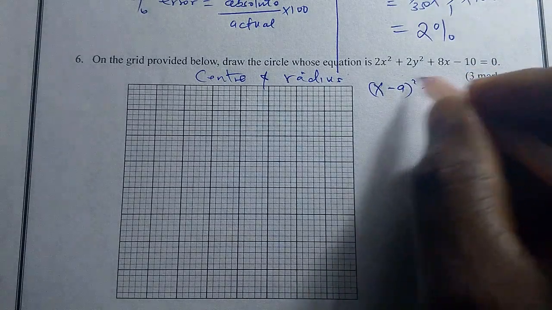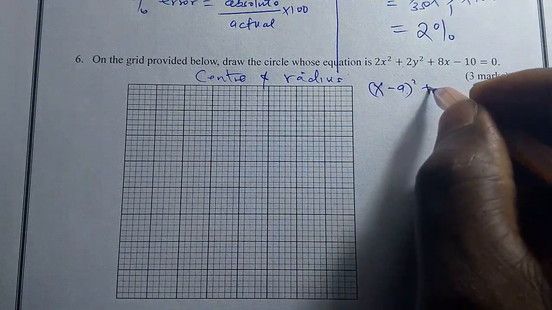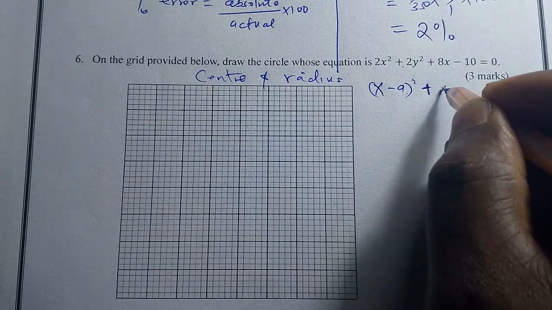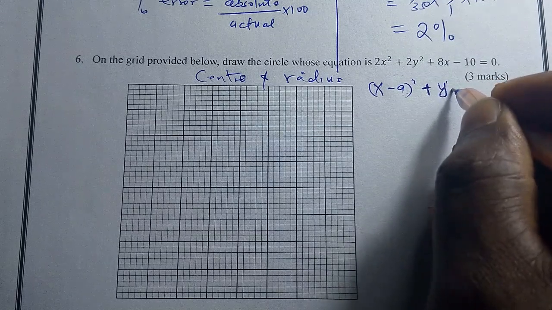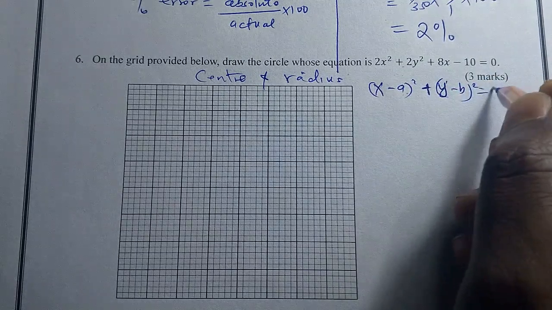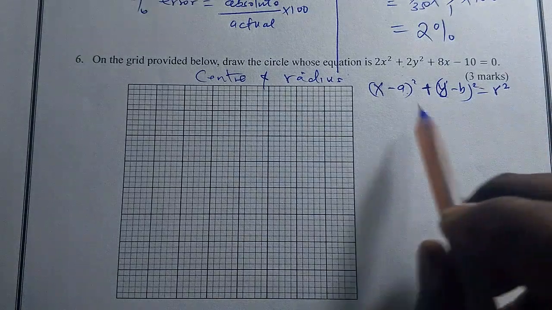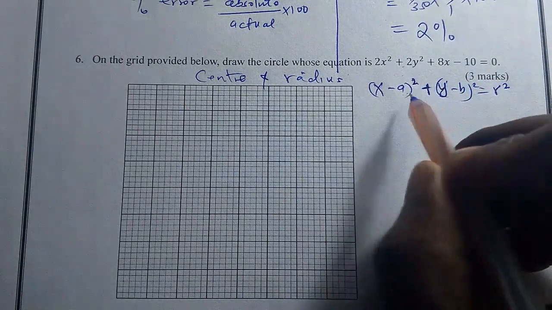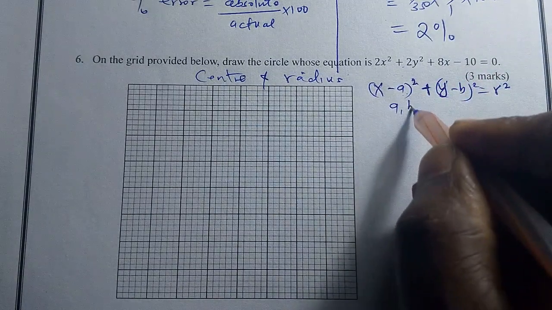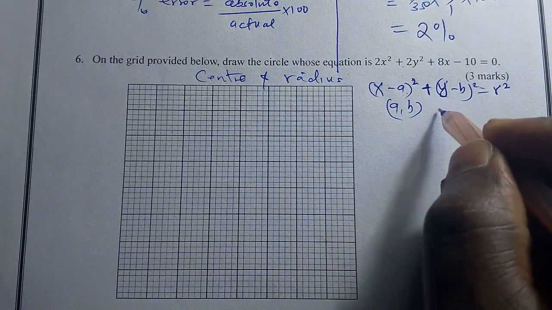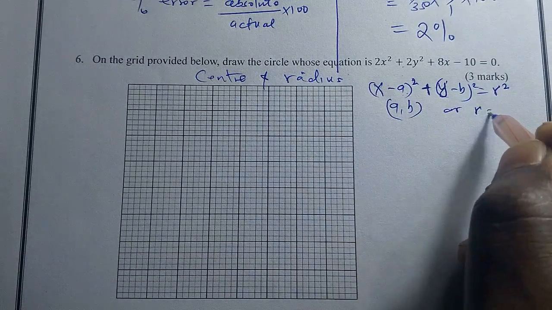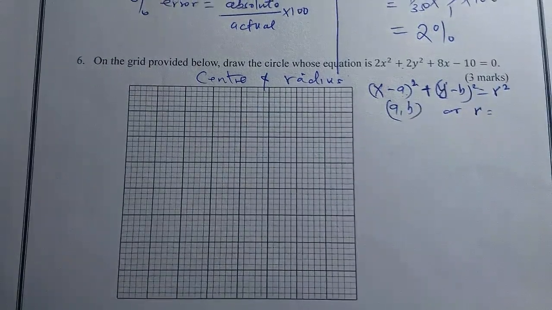So we need to write this equation in this form. Once we write it, a, b is the center, and r is the radius. So this is what we are looking for.